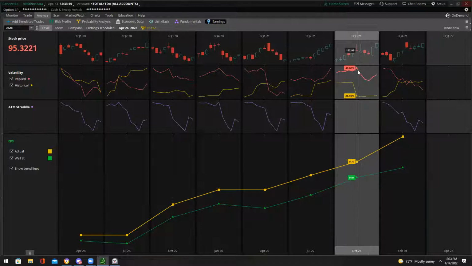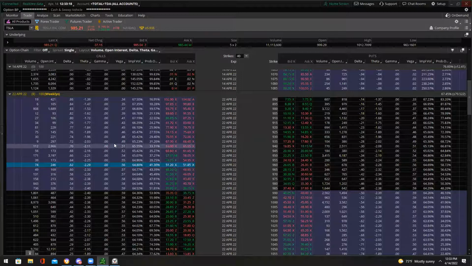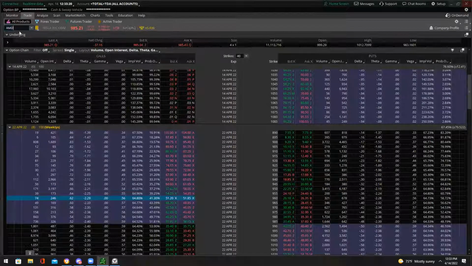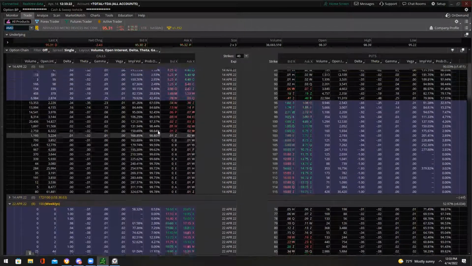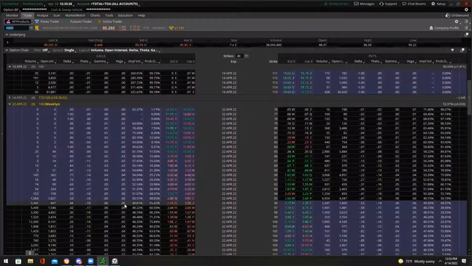When your implied volatility goes down 10%, you have to incorporate your Vega. Your Vega is important here, because when your implied volatility goes down, so does your option's value. So you basically take 10 times 6.